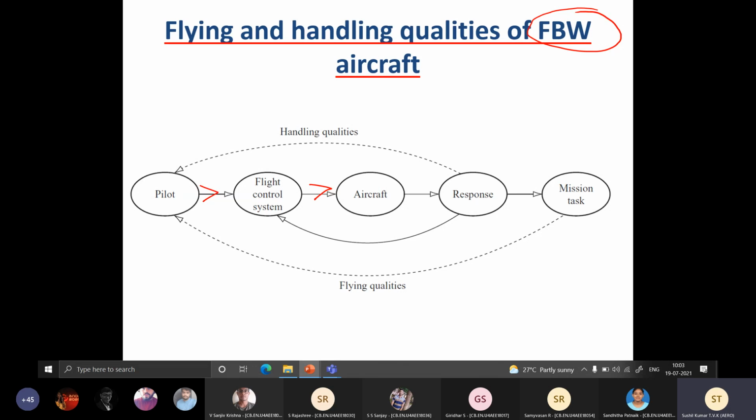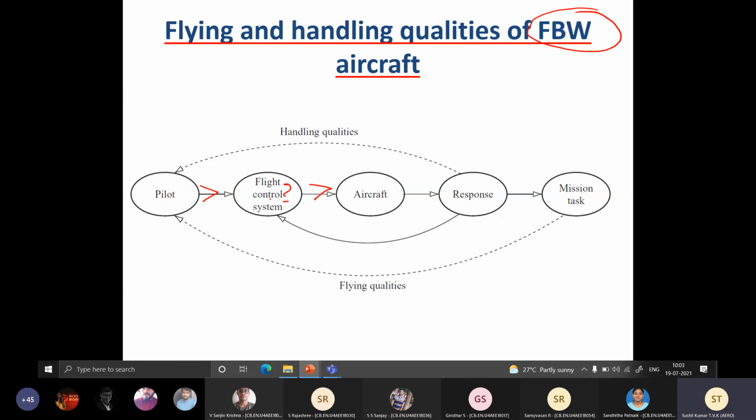Then another thing which you will feel very odd to accept is even a trainer, a turboprop trainer, can be made to fly like a Sukhoi. Okay, of course, it can't go to Mach 2 and all, but it can give a feel of a Sukhoi to the pilot if you have a suitable flight control system in between. Basically, it is the command which gets modified. So we'll see about this in due course of time.